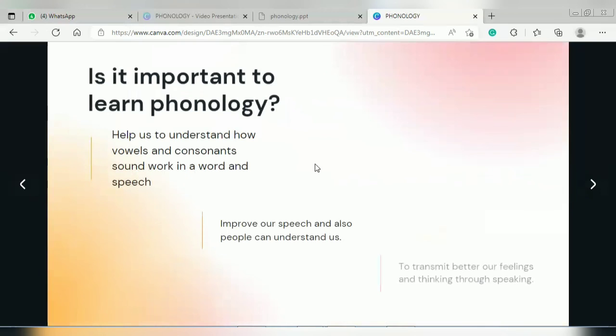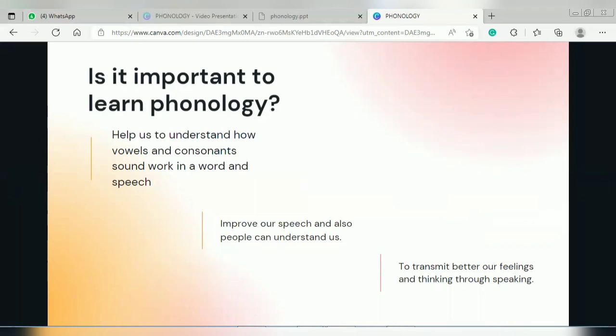And the last part: why is it important to learn phonology? Yes, it is very important to learn and understand this topic very well, because it can help us understand how vowel and consonant sounds work in a word and in speech.